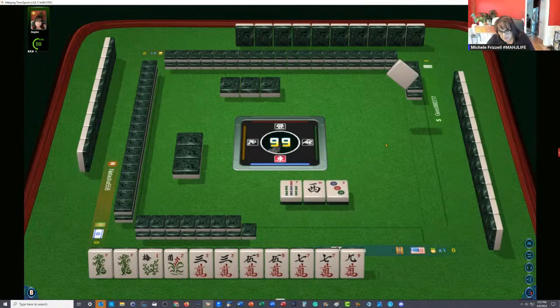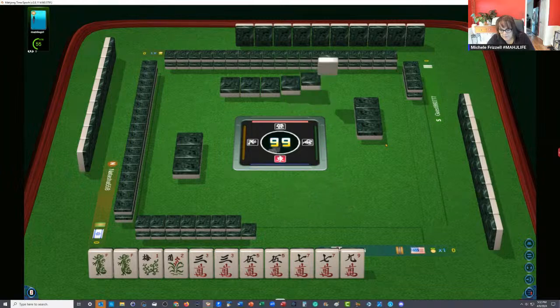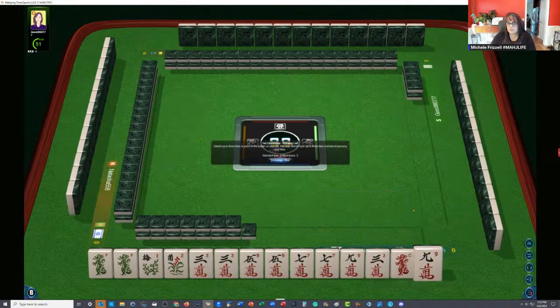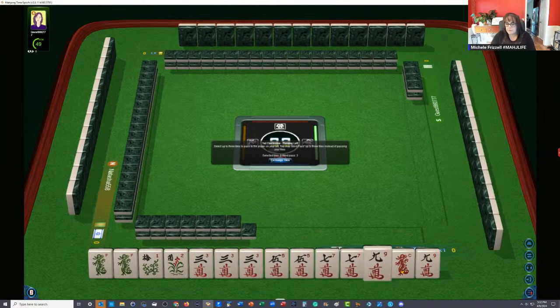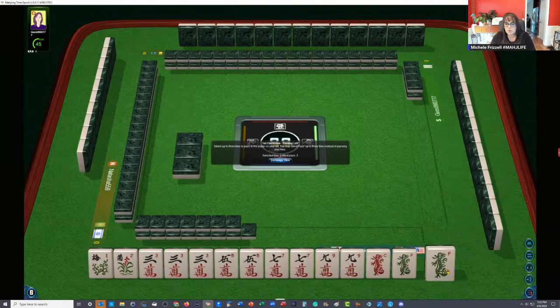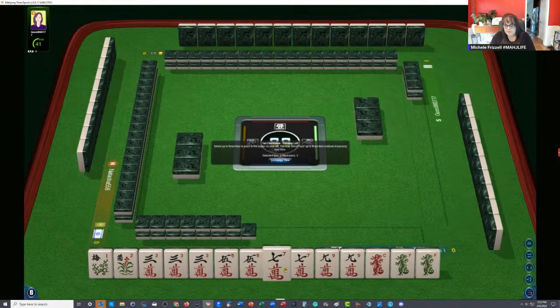Let's see. We have 3, 5, 3, 5, 7, 9, 9 crack 3. Oh my goodness. We did get a 9 crack and a red dragon now. Okay, so let's see. We're going to the left. So I'm thinking 5, 7, 9 dragon, third hand down on the right.